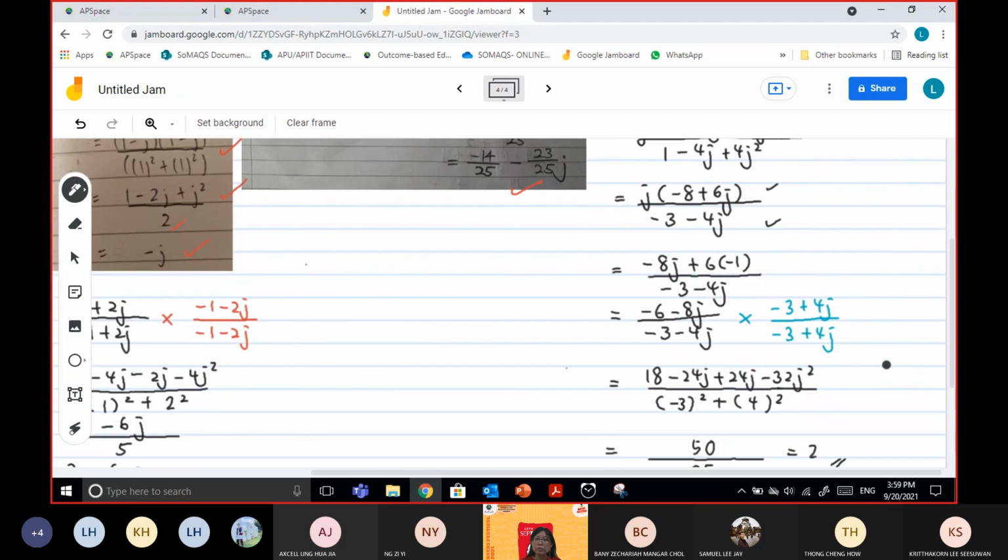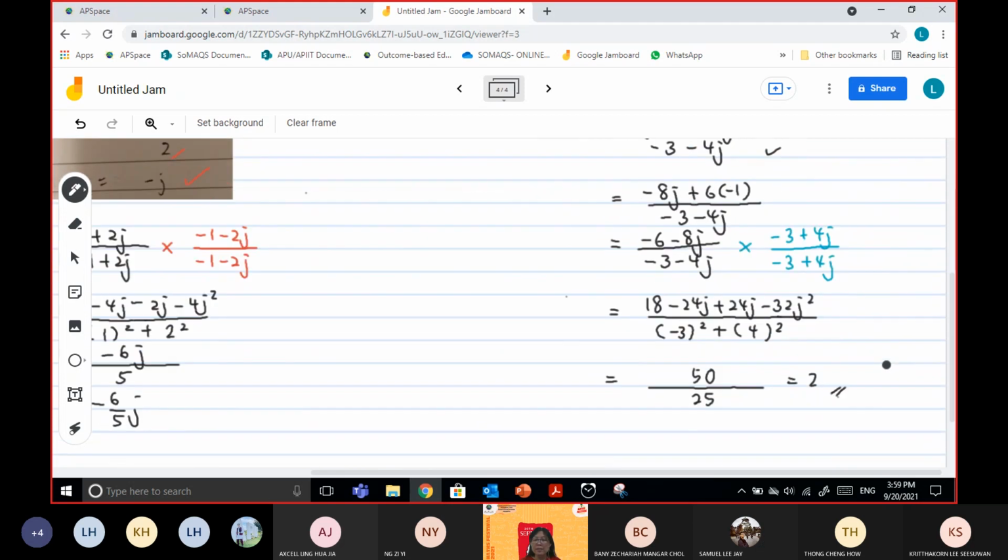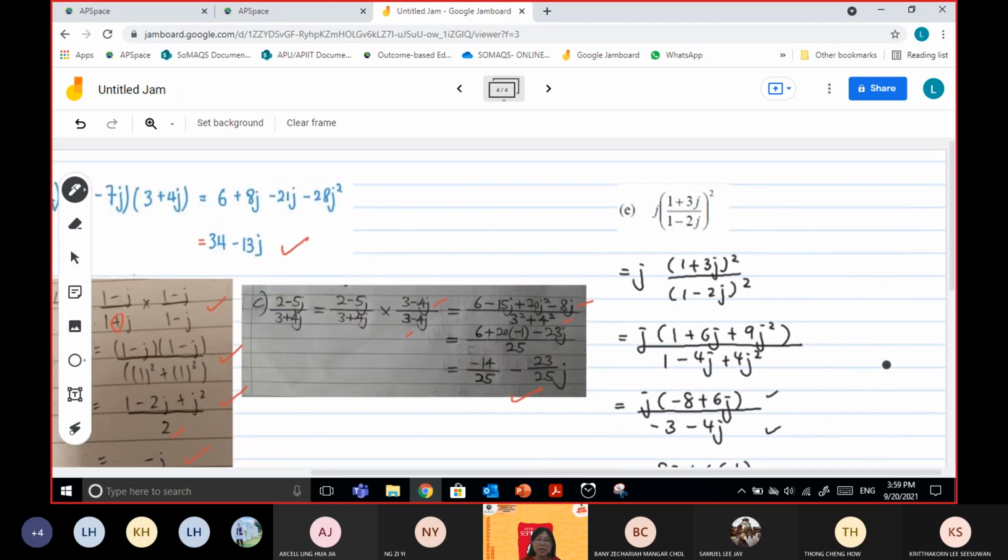Okay, so there are two ways to solve this question. The other way, you can take the j and then do the square later. So this is another alternate way.